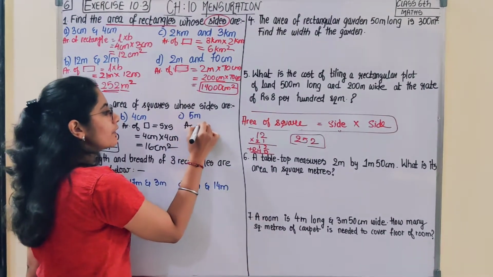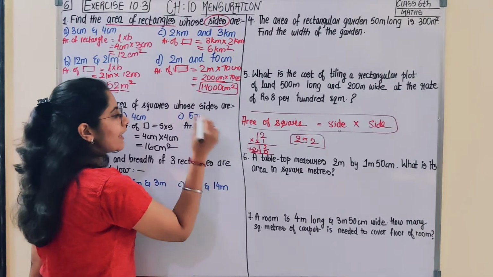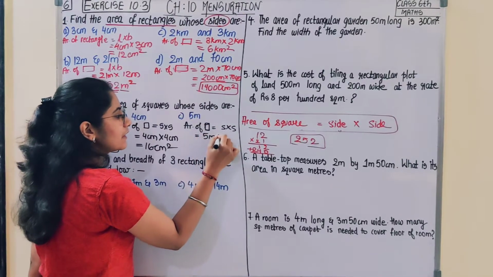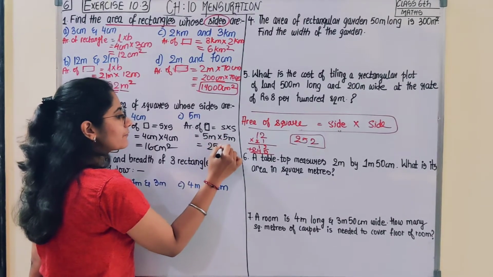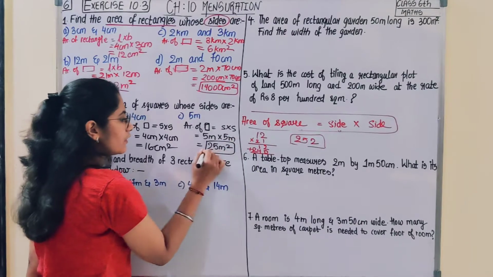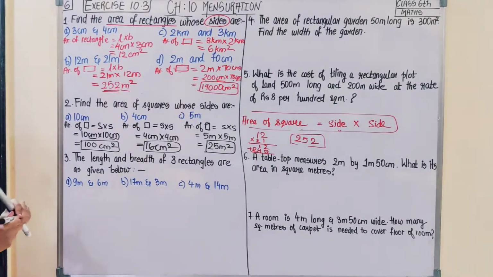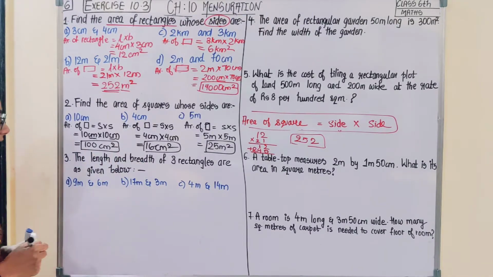Area of square with side 5 meter. So area of square is equal to side into side, 5 meter into 5 meter. That is 25 meter square. Easy?